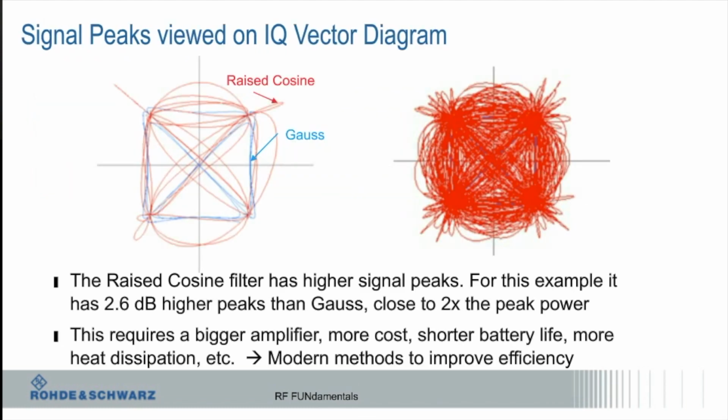So looking at the trajectories, which I was just talking about, if you look here, the raised cosine has the highest peaks, right? When you're an amplifier designer, or an amplifier manufacturer, one of the challenges of amplifiers is peak to average ratio.